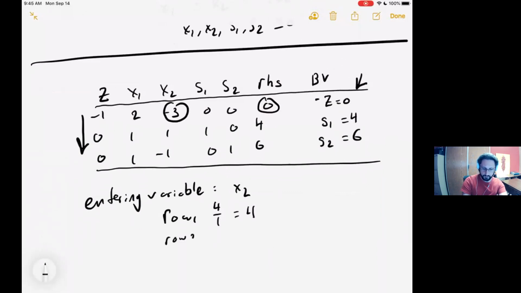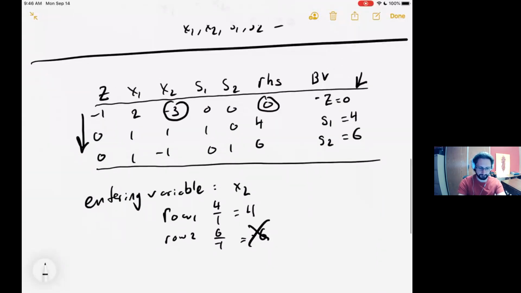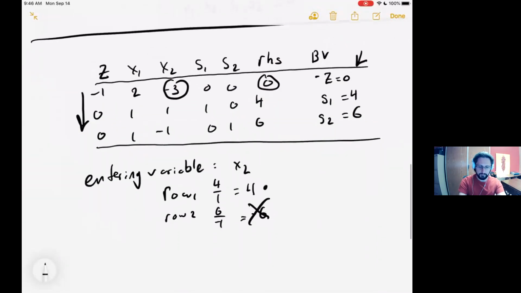And for row 2, you have a ratio of 6/-1, which is -6. Remember that these ratios need to be non-negative. That would make row 1 the pivot row, and then you'll use elementary row operations to cancel all of the appearances of x2 in rows 0 and 2.